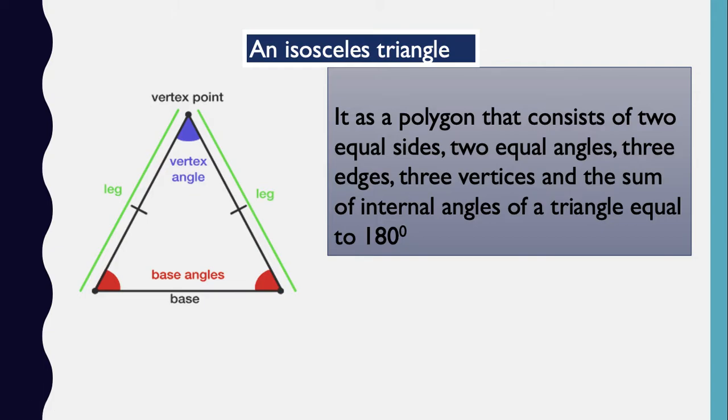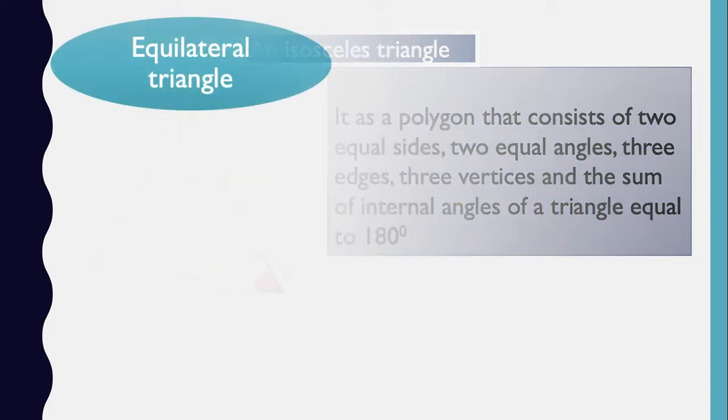It consists of two equal sides, two equal angles, three edges, three vertices. And the sum of the angles of a triangle, how much is it, students? We discussed it in the previous slide. It is 180 degrees. So in the isosceles triangle also, the sum of the three angles will be 180 degrees.